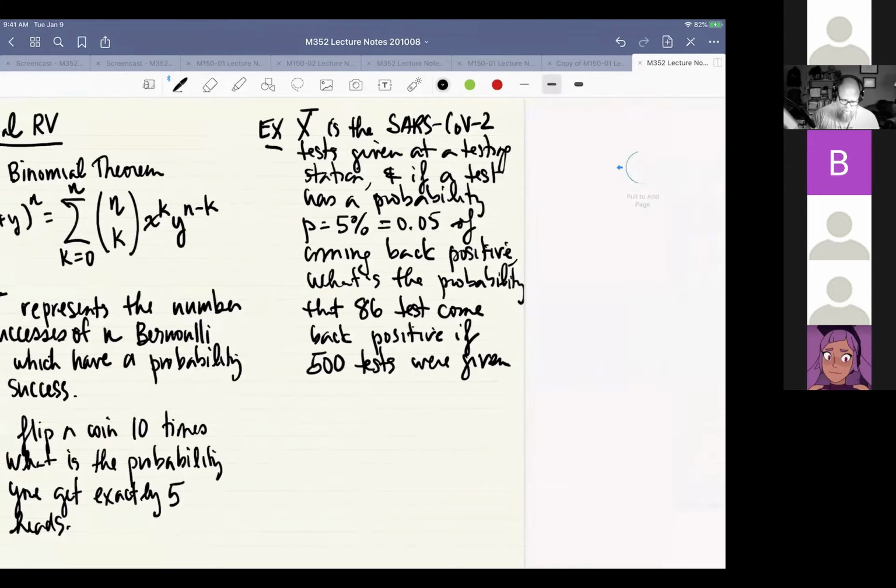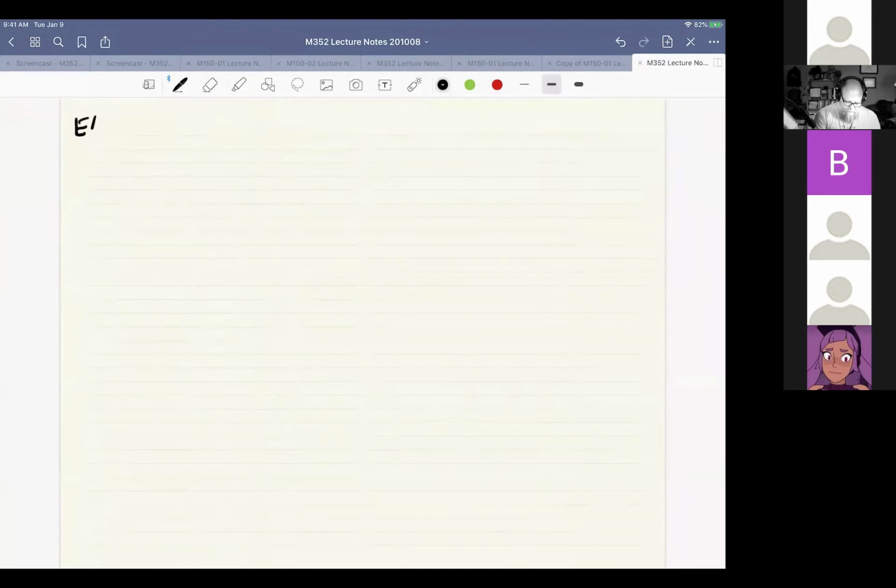Here, I'll give you one more example of a scenario that would be modeled by a binomial. So suppose you work for a company that produces widgets at its factory.